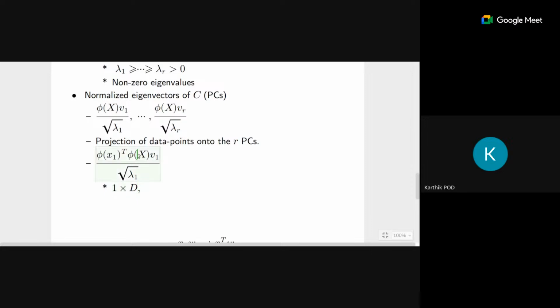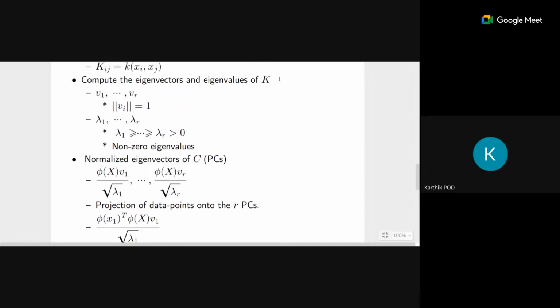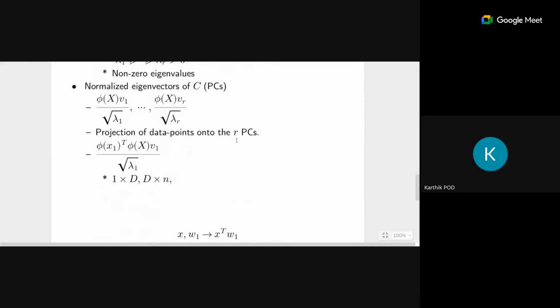Phi of capital X is a matrix, capital D cross n. And v1 is an eigenvector of capital K, so what will be its dimension? n cross 1. If you multiply it all together, you will end up with 1 cross 1. So this is a scalar. That's why we are interested in the scalar projections.